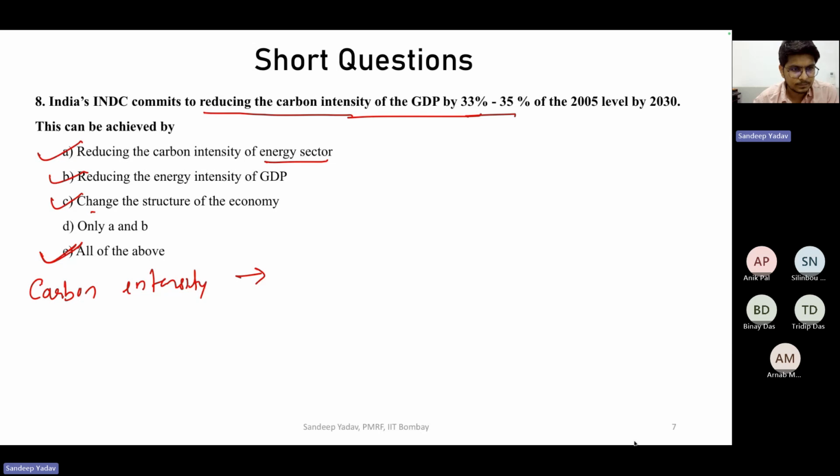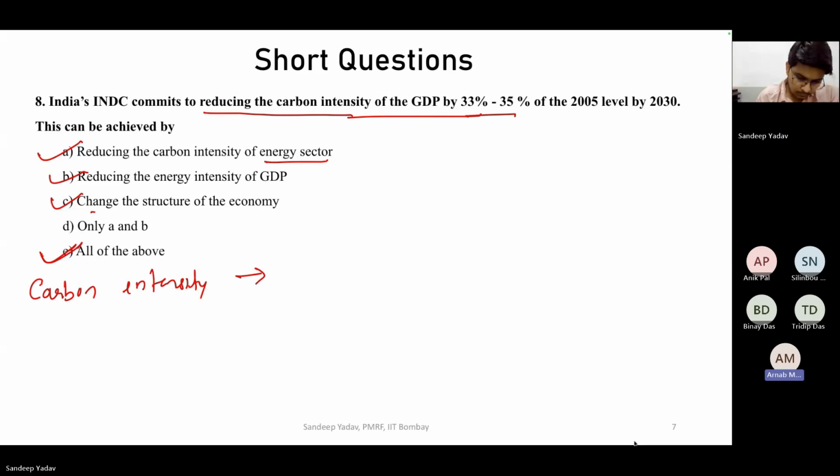I am confused, because if it said energy sector, obviously that could be the answer. But it says structure of economy. Economy means a holistic way. Does it mean the Indian economic structure or only the energy-related economic structure? Okay, thanks. It's a good question. Just give me 2 minutes. I will complete this and then answer your question.